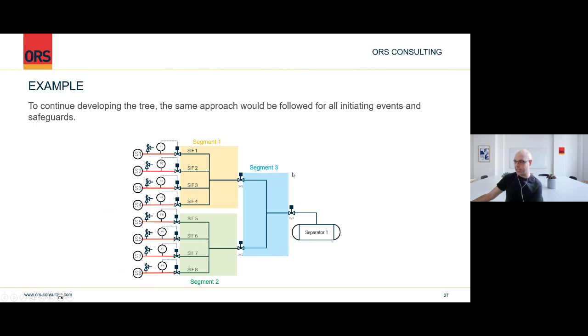So you wouldn't get that much information from something like this, but when you encounter problems like this in real life, it is very useful to have the minimal cut sets that take you from initiating events to top event, because then you can see what part of your process is most vulnerable.